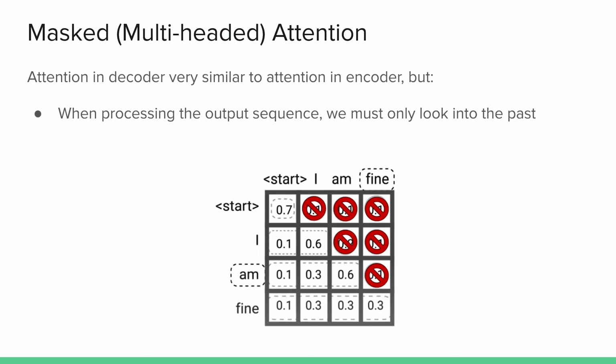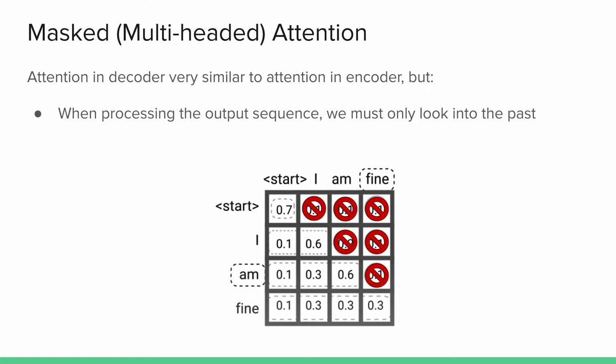And what we have to do now is we kind of have to cut out that part of the information. And given that we, again, feed in our entire sequence, this becomes a matrix where we have to cut out all the words that appear later on in our output sequence.